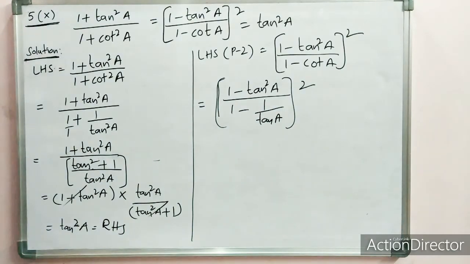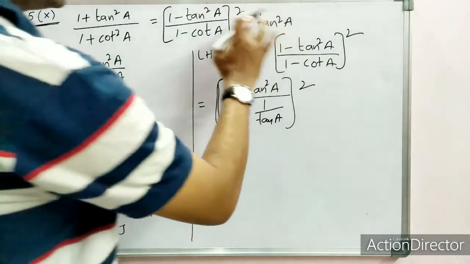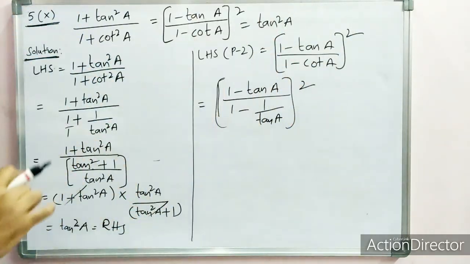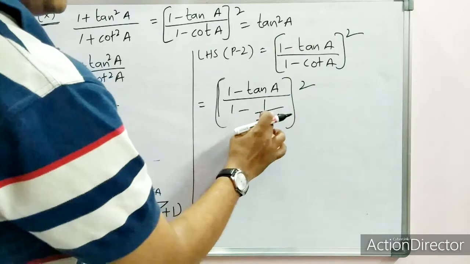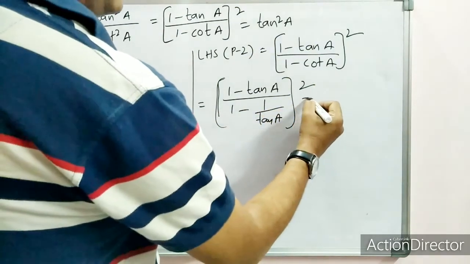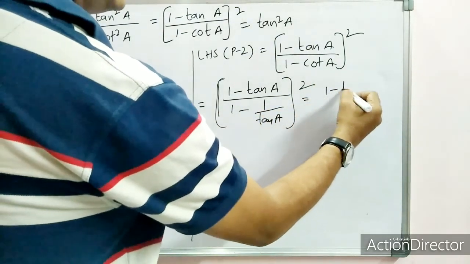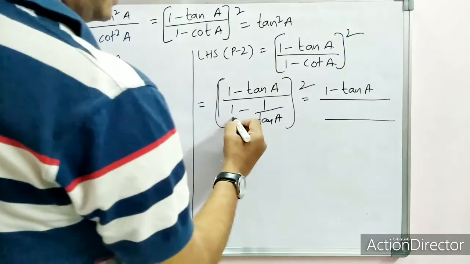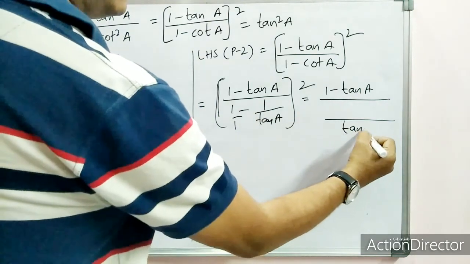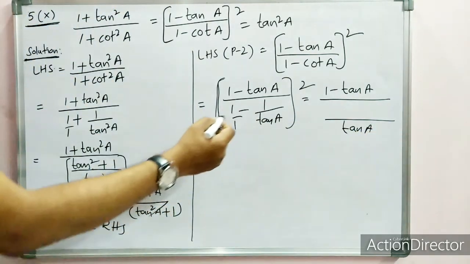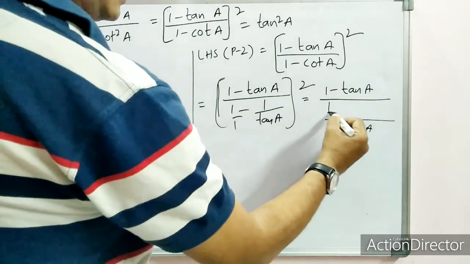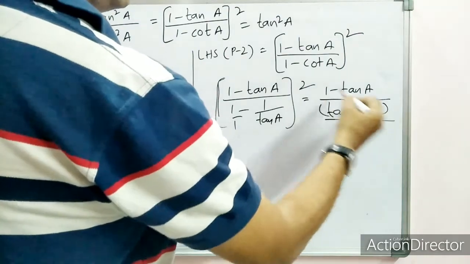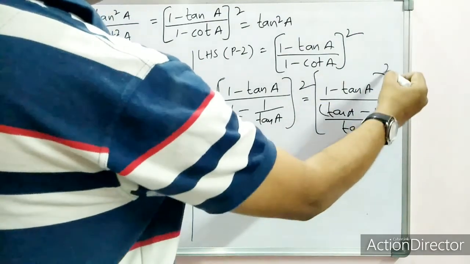Let us check whether this is correct or not: 1 minus, this is tan A, not tan square. Now this is 1 by cot A. If you take the LCM, 1 minus tan A by, in the denominator you take LCM, that is tan A. Therefore 1 into tan A is tan A, and minus 1. For both we have a square.